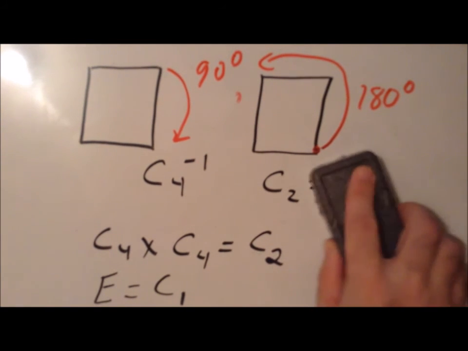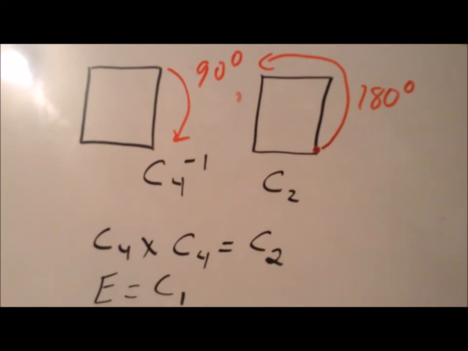So we see that a symmetrical way of describing differences between an equilateral triangle and a square is in terms of an equilateral triangle has C3, C3 squared, and E symmetry operations, whereas a square has C4, C4 to the minus 1, C2, and E proper rotations as symmetry operations.